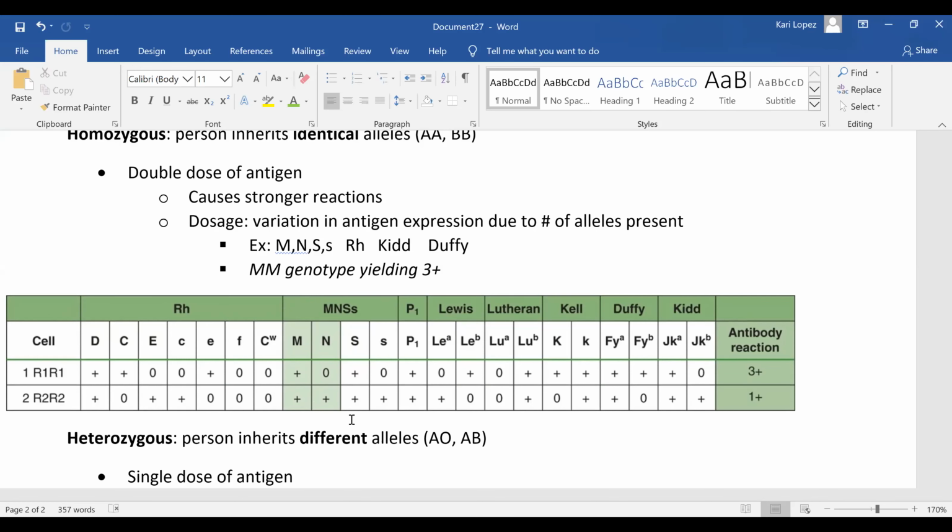So if it was opposite and it said negative for M and positive for N, it would be NN. Exactly. And so what kind of reaction would you get? Stronger. Correct.